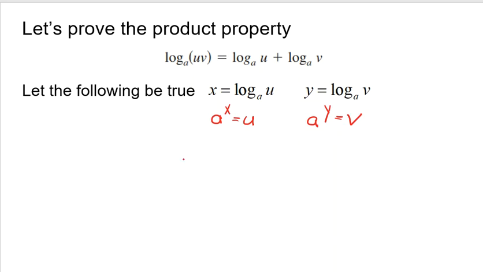So if I think of it like this, what is u times v? Well, if I take u, which is a to the x, and I take v, which is a to the y, then we can use a property of exponents that I really hope you know: if you multiply exponents with the same base, you can add the exponents together.